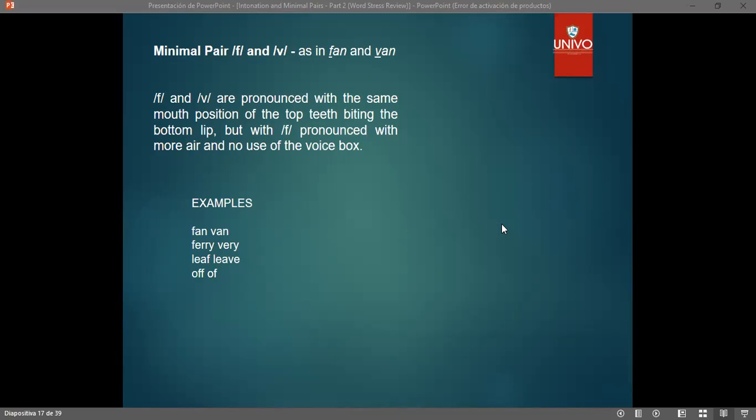Doble F, sí vamos a pronunciarlo así, off, pero la segunda no. La segunda va a tener pronunciación de V, ¿ok? Y lo van a pronunciar of. Por ejemplo, a lot of, no van a decir a lot off, ¿ok? Van a decir all of, no van a decir all off. Cuidado con eso, ¿verdad? A part of, no a part off. Ojo.